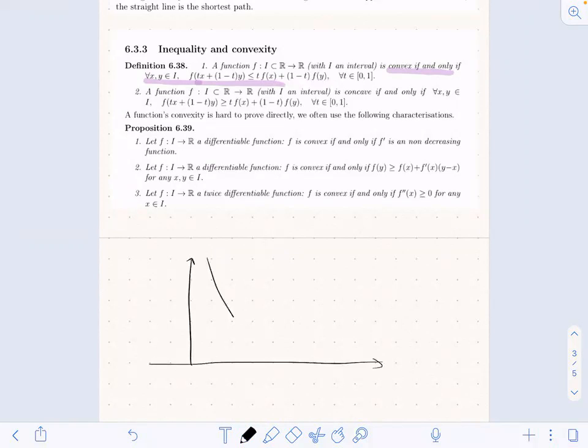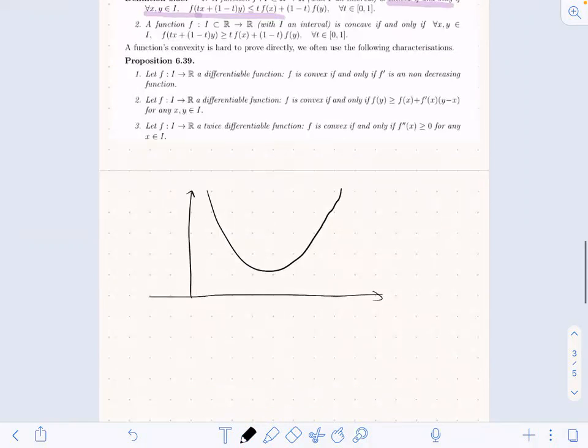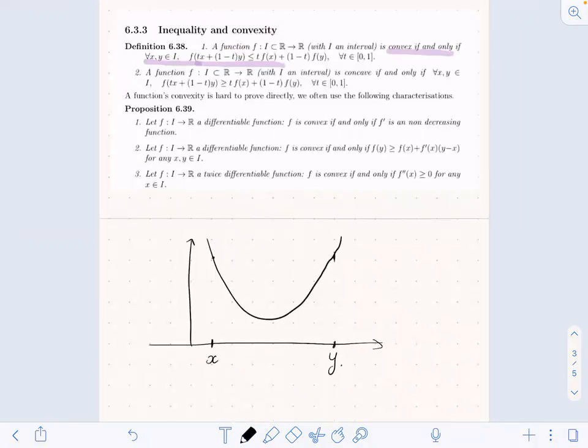I'm going to draw a function that behaves like this. I'm going to place a point x here and a point y here. So this is the curve of a certain function.